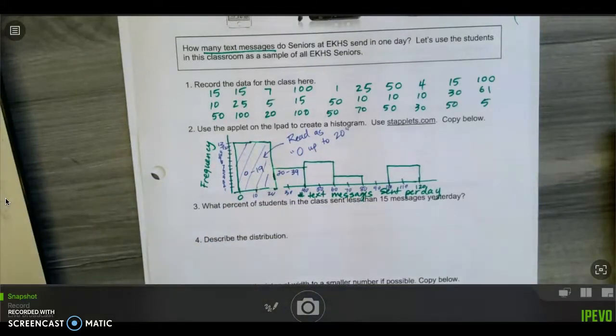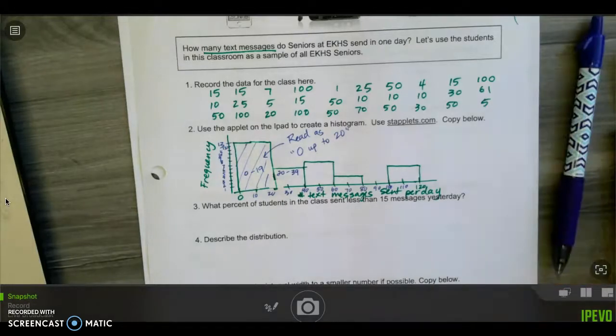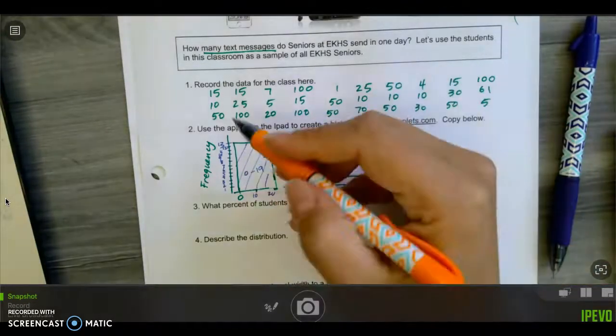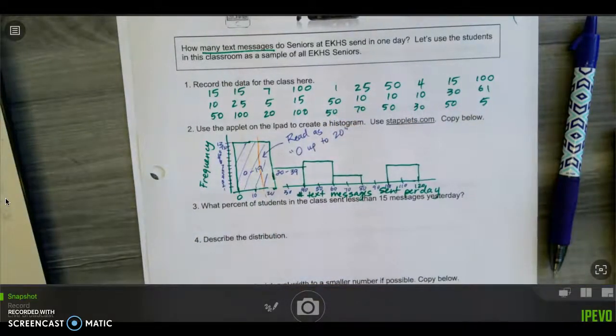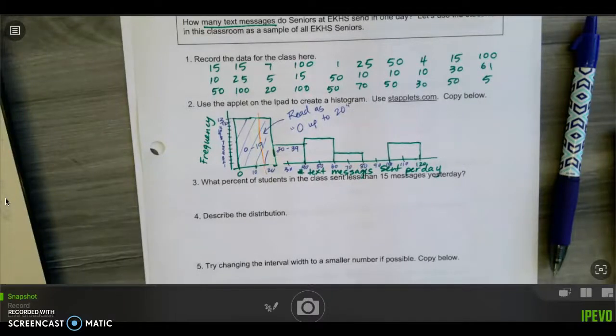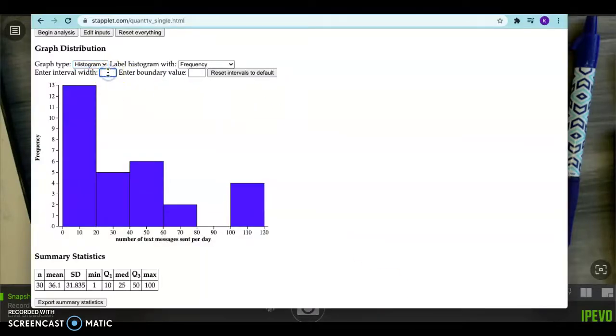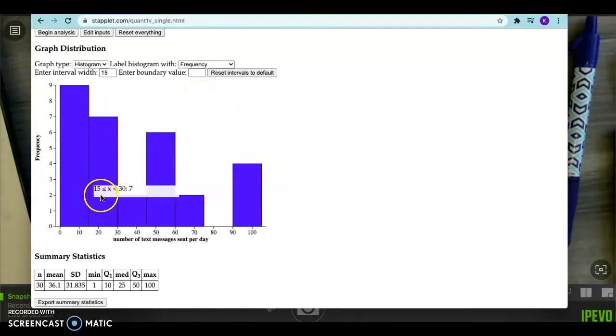Now the question is, what percentage of the students sent less than 15 messages yesterday? Well, 15 would be right in here, which we can't see very clearly. This is one of the downsides of a histogram: you can't know specifically 15 or less. But we can come up here and change the interval width. This was just the interval width that was given to us, but we'll change this to 15, and now we can see this.